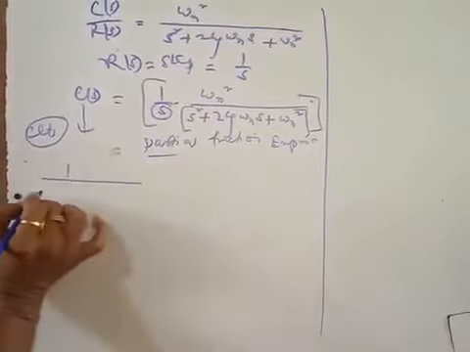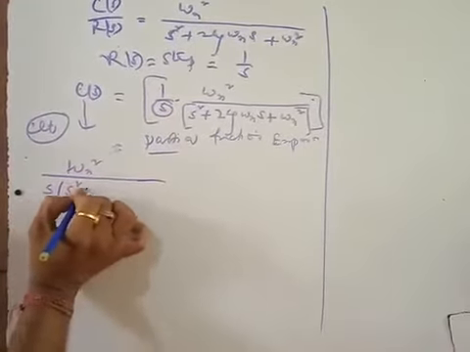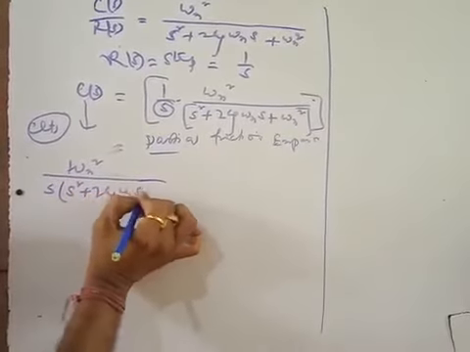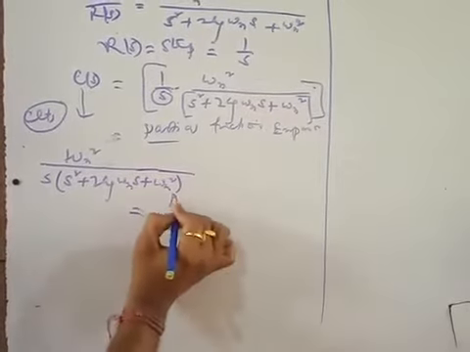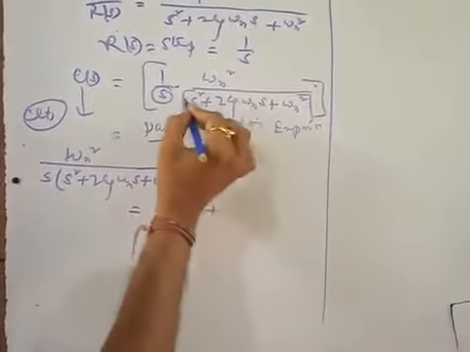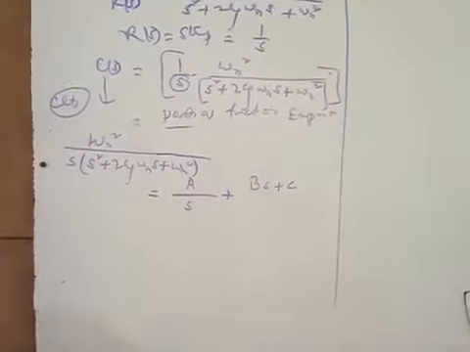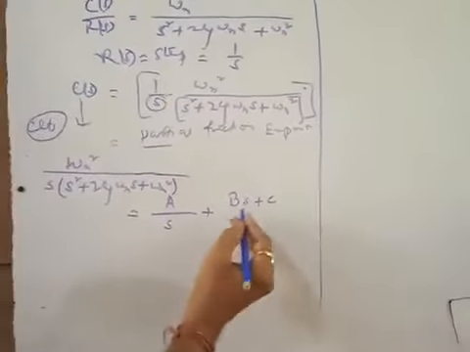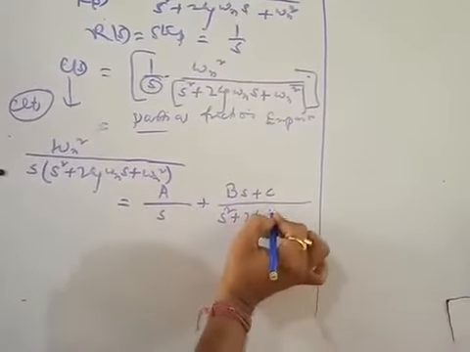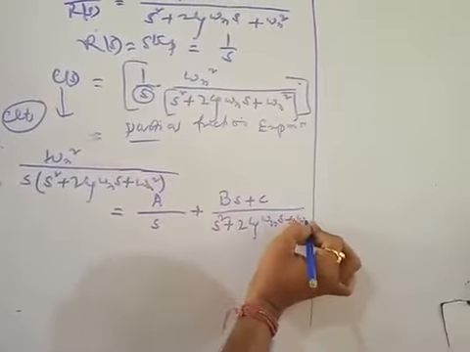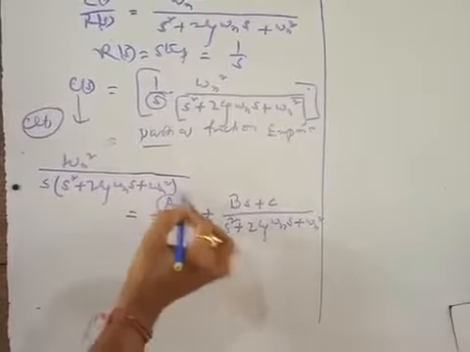So you can write omega n square by s into s square plus 2 xi omega n s plus omega n square as A by s plus, due to this second order part, you have to write Bs plus C over s square plus 2 xi omega n s plus omega n square, right? There will be two residues, B and C.